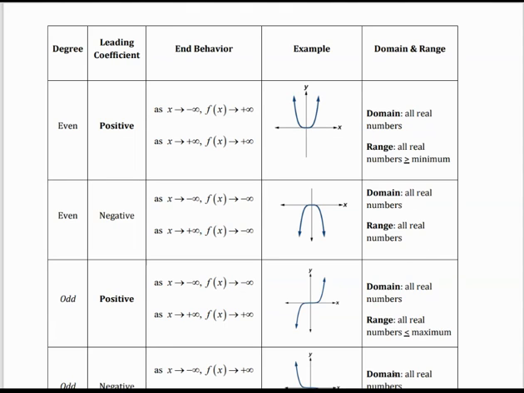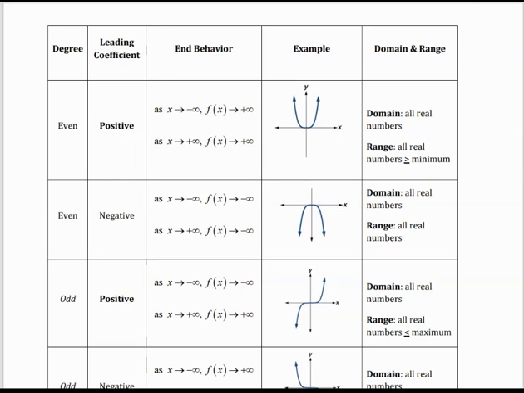If the degree is even, so the highest degree, so it's 2x to the fourth plus yada, yada, yada, that degree is a 4, right? So if the degree is even, your end behavior, the way the graph ends, is going to be the same way, either up, up, or down, down.